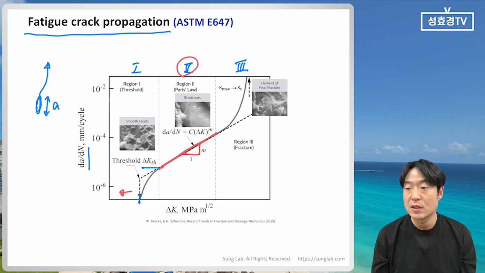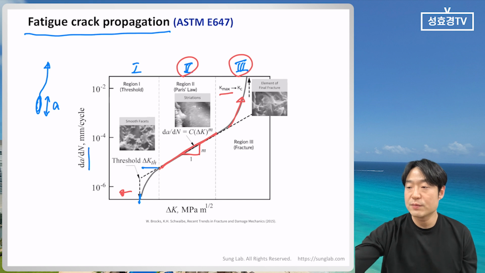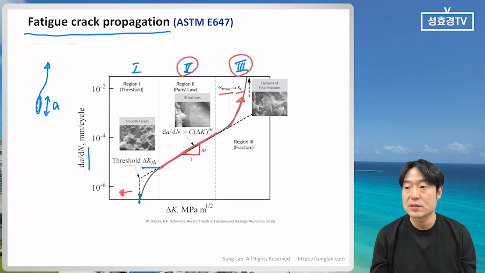It means there is a relationship with increasing delta K, scaled to the M, related to da/dN. So the crack growth rate is very important, and we can predict it. Going to stage 3, K maximum is the same as KC, which is the fracture toughness. So there is a preliminary for the fracture toughness.